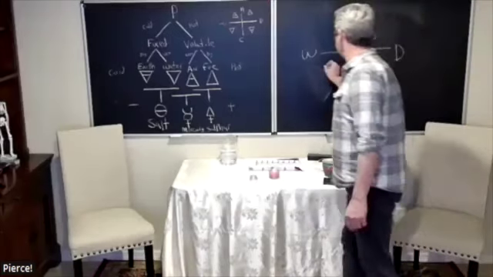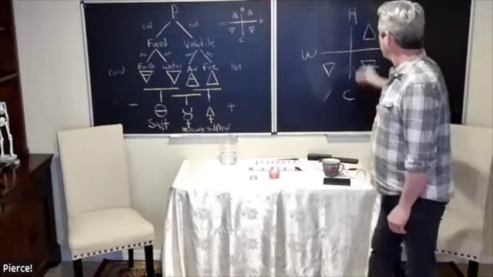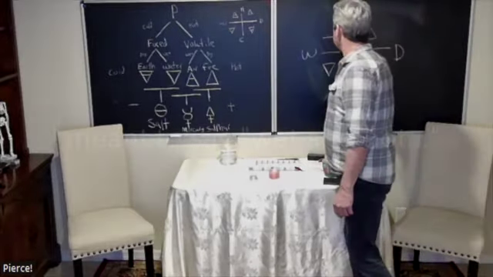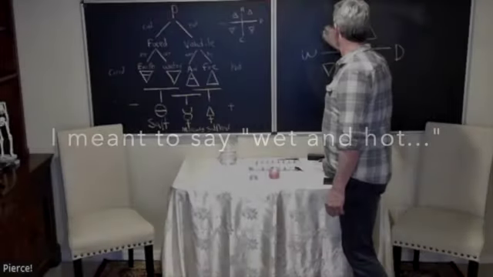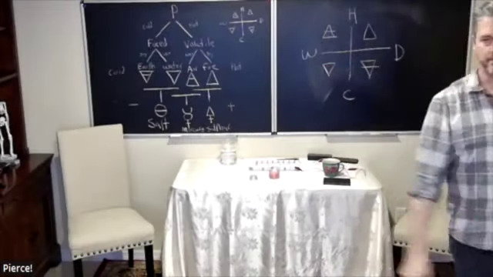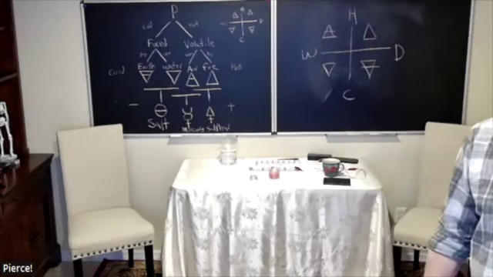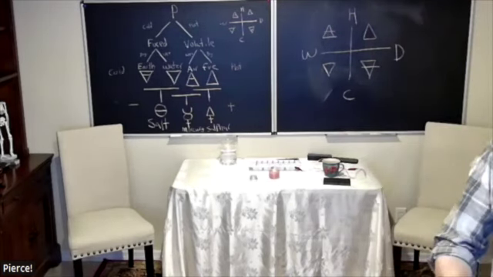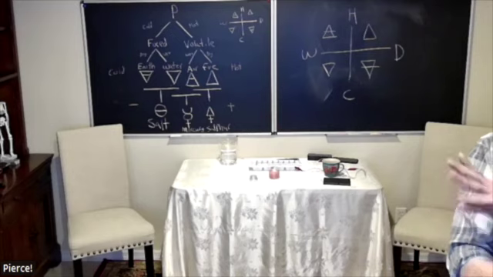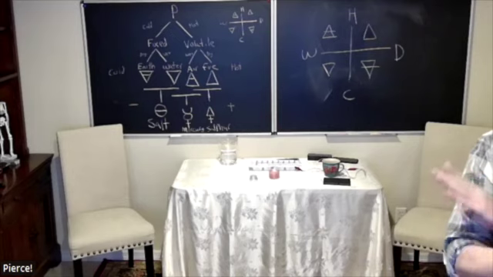Yeah, cold and dry. Cold and wet, water. And warm and wet, air. Okay? That's why I say they appear this way, because their most fundamental aspects are whether it's hot, cold, wet, or dry.